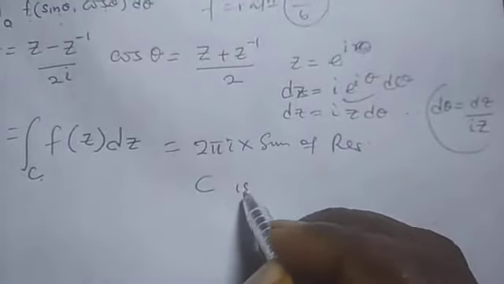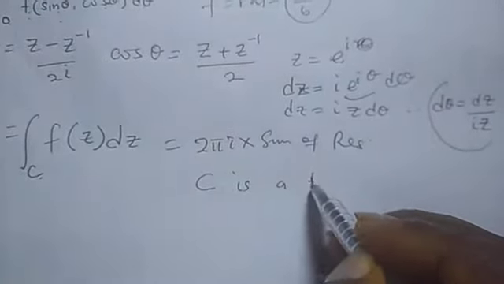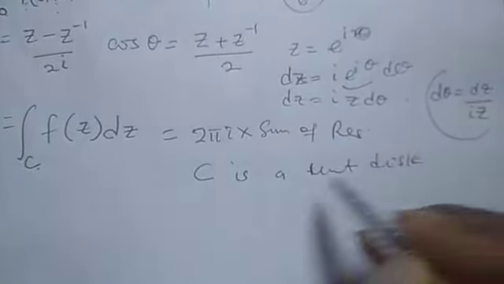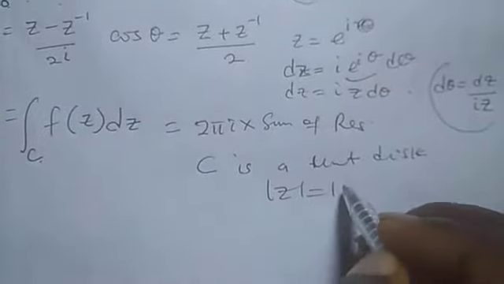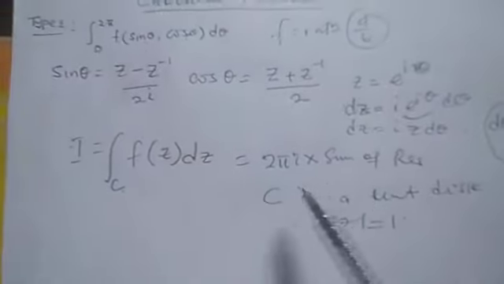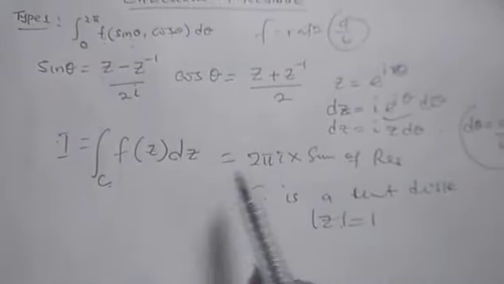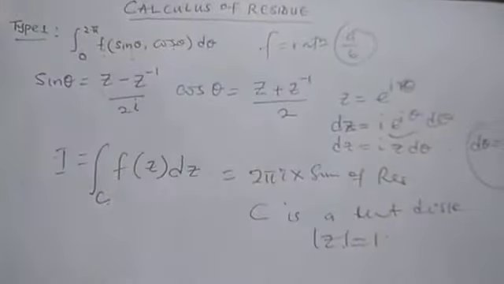But what is our c? We integrate over c. C is the unit disk. What is the unit disk? This is the unit disk. So this is how we are going to proceed. We integrate over c in this unit disk, and it will enable us to solve this type of integral.